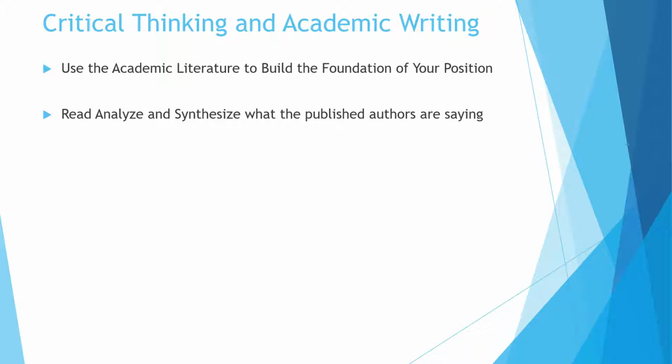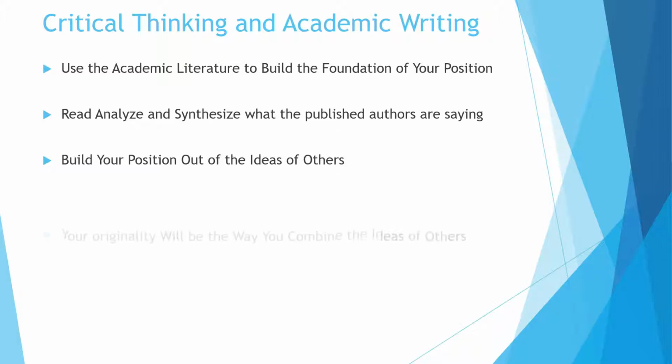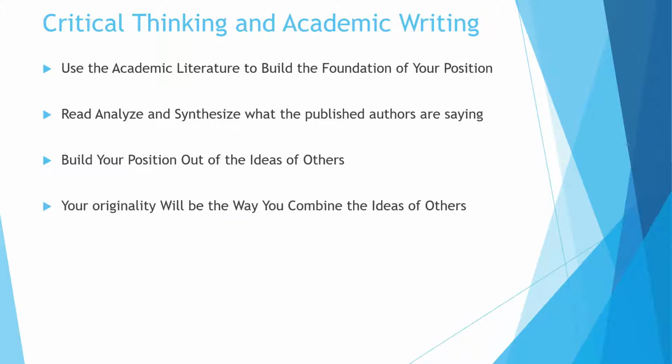In this particular class, we're going to be analyzing literature on human motivation and how you're going to analyze, integrate, and synthesize what's been published into a new idea. You're going to build your ideas out of what others have already said. This is called deductive reasoning, and it's the basis for all, or nearly all, academic writing, and certainly is the way that you'll have to write a dissertation. So basically, we're trying to get you started on the right path very early.